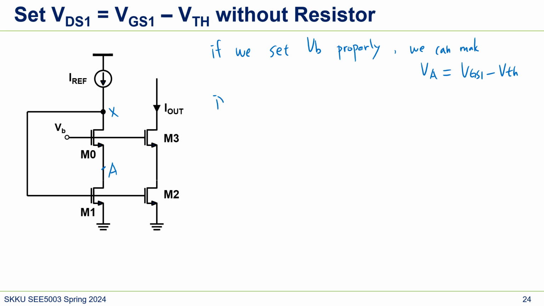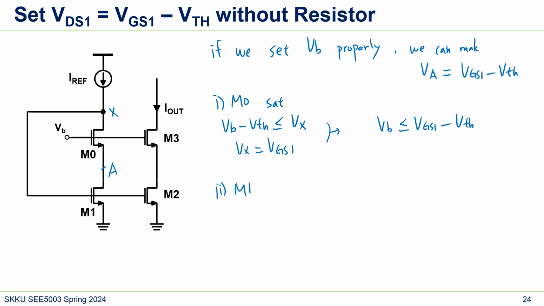First, let's look at MOSFET M0 saturation. What we need is that VB minus VTH should be smaller than VX, right? But VX is VGS1. So it turns out VB should be smaller than VGS1 plus VTH.